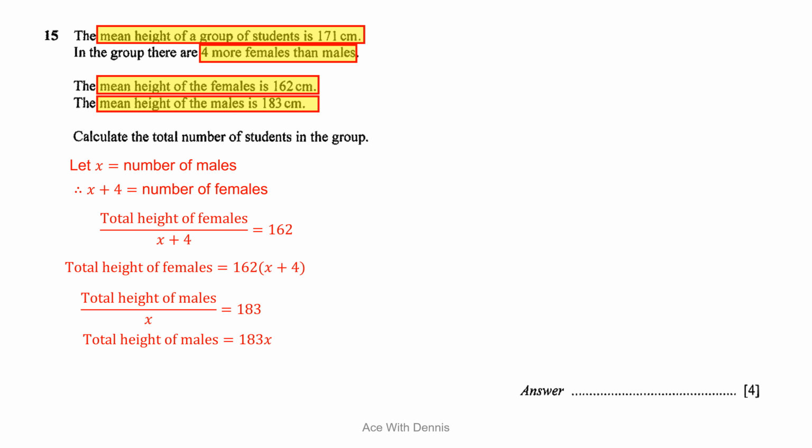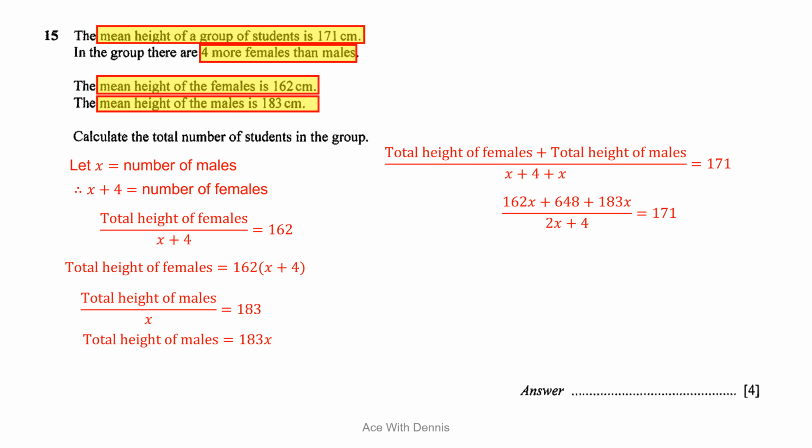Now, given that the mean height of the group of students is 171 centimeters, hence total height of females plus total height of males, divided by total number of males and total number of females, x plus 4 plus x, equals 171. Substitute the values. 162x plus 648 plus 183x divided by 2x plus 4 equals 171.